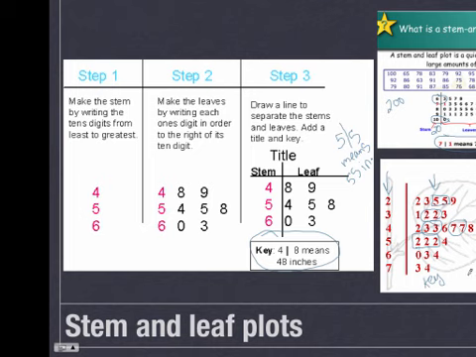So I can pick any of the data. I'm going to say my key 2 and then my line, and I'm going to put a 5, and I'll write means 25.